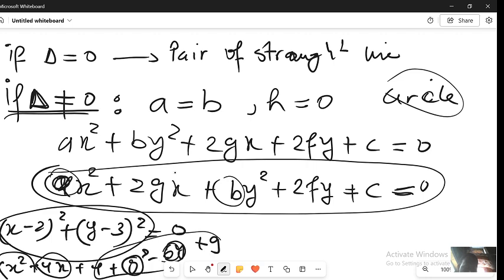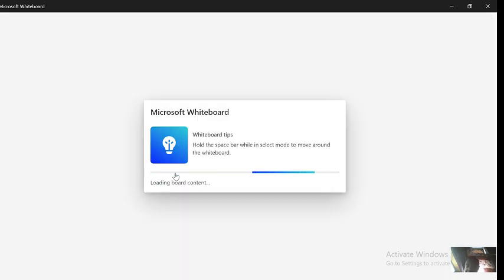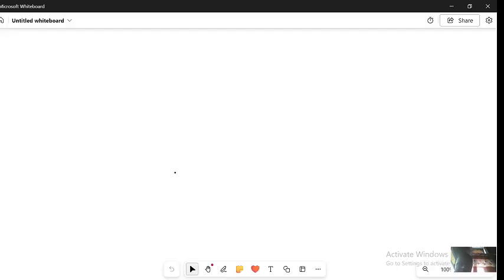Now we will see that a equals b and h equals 0. When we find this, the nature of the curve is a circle. Now, same thing, if delta is different from 0, we'll compare h squared and ab.